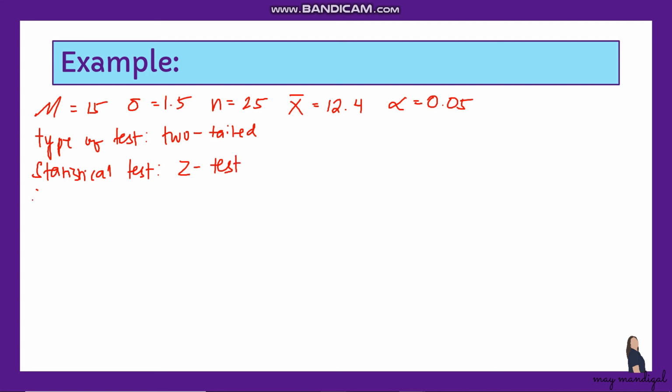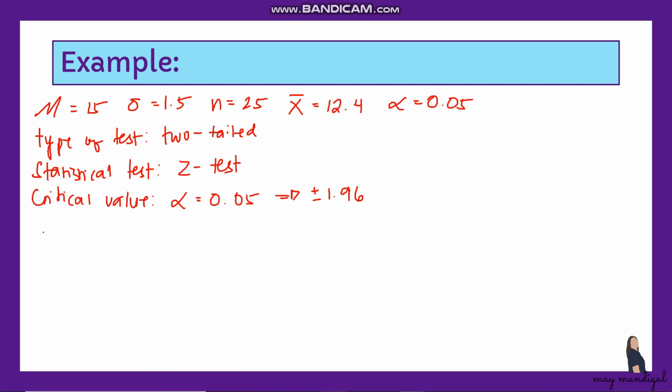Now for the critical value, since our alpha is 0.05 and our type of test is two-tailed, we will be using the positive and negative 1.96 as our critical value.